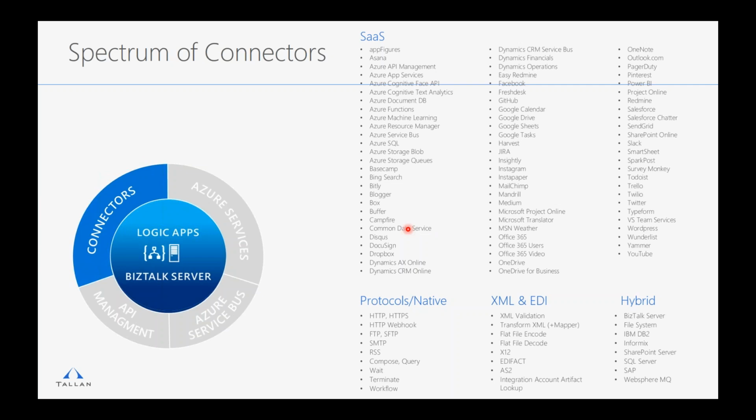So you'll see things like Dynamics, Google Drive, Smartsheet, Salesforce, Power BI, Pinterest. I mean, it just goes on and on. So, with over 100 connectors, we can start to see how the hybrid solution for connecting all those different cloud-based applications starts to make a lot of sense for the hybrid scenario.